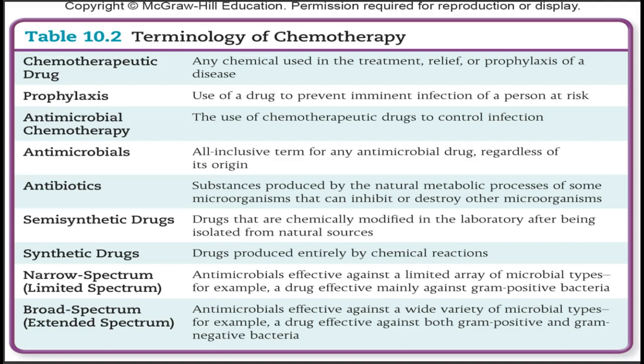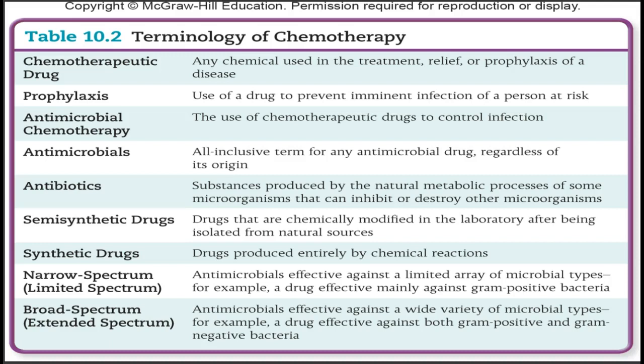And prophylaxis is the use of a drug to prevent infection, generally used to treat individuals who are at high risk of developing infections, those who are immune compromised or might have particular infections that make them more susceptible to additional infections.